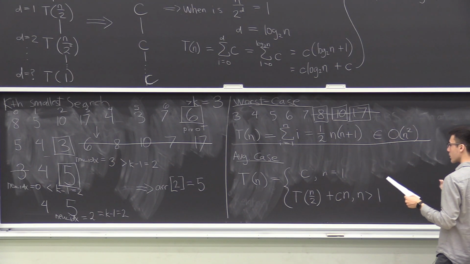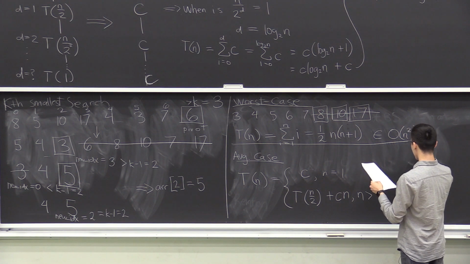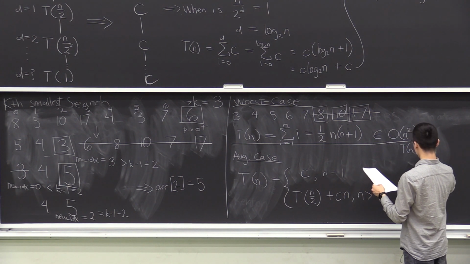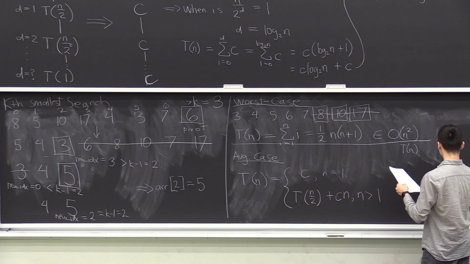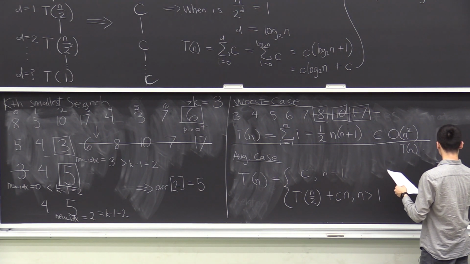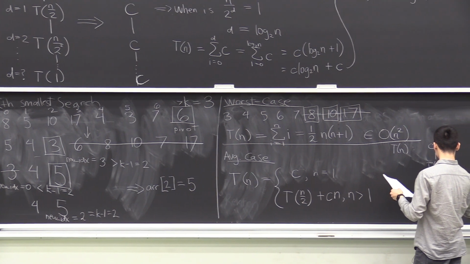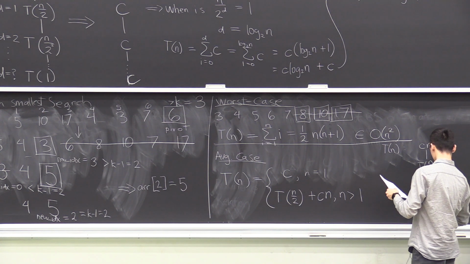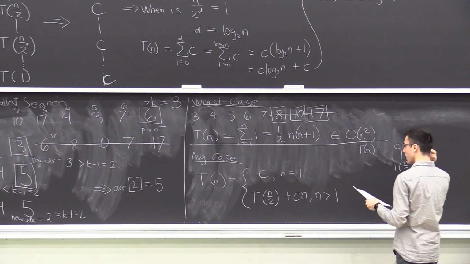Okay? And if you were to draw this recursion tree, you would get something like T of n, which is going to be C times n. Then we would get T of n over 2. You would get T of n over 2 squared, and so on, until you get T of 1.